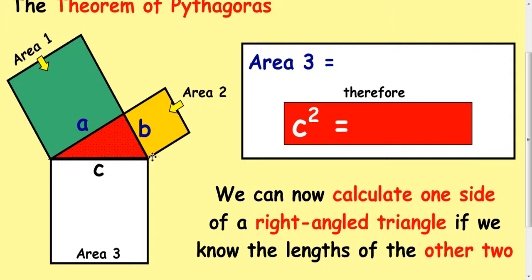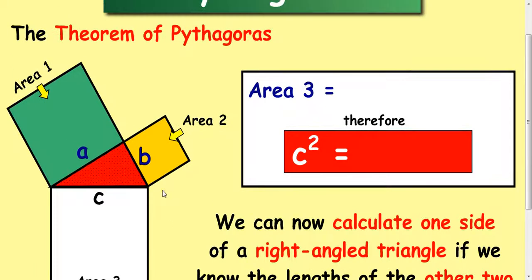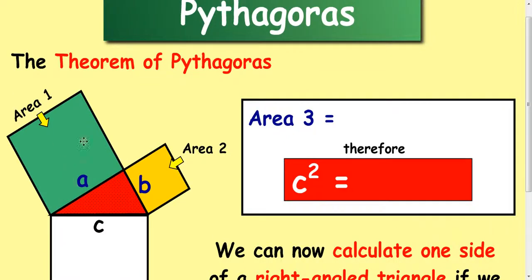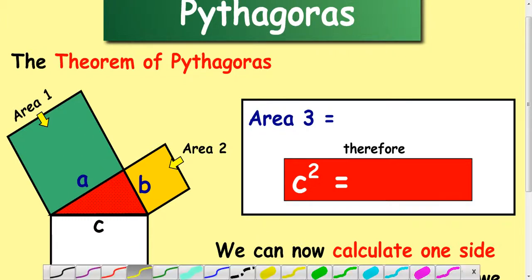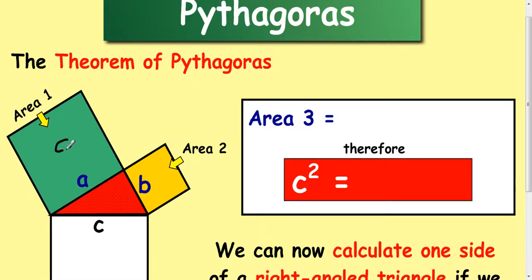So if we think about this in terms of areas, now if we label our triangle A, B and C here, the green one and the yellow one fitted inside the white one, but the green area is really A times A, so that could be written as A squared. I'll just write it badly with my mouse.